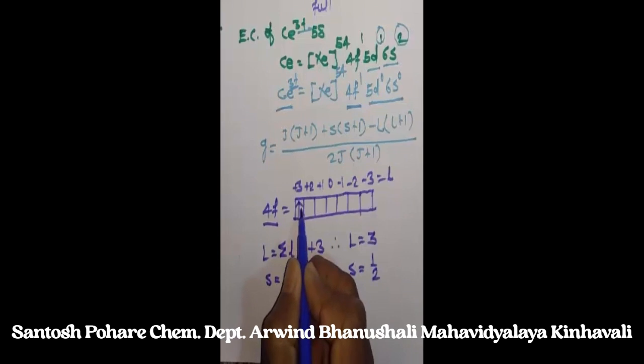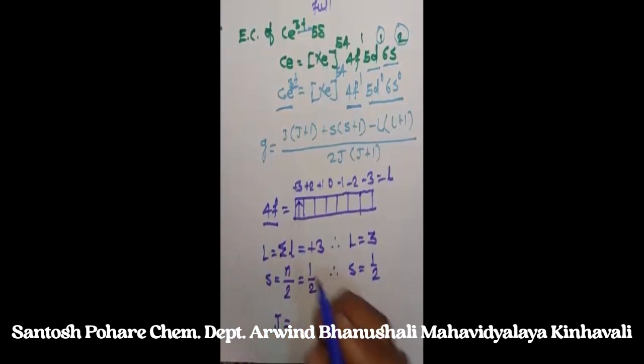Half means each orbital has the capacity of 2 electrons, but here it has only 1 electron. When we fill up these 7 orbitals, then it becomes half full, right? So it is less than half full now, as it has only 1 electron.